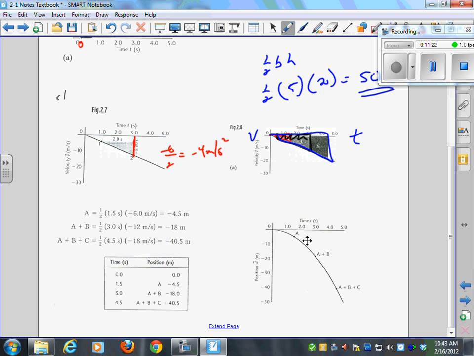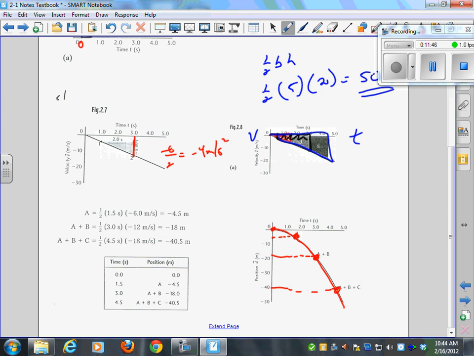They simply graphed it. Here's 0. 4.5 is right there. A plus B is minus 18, which is right there. And A plus B plus C is minus 40.5, which is right there. And once they got these points, then they connect them. Does that make sense?